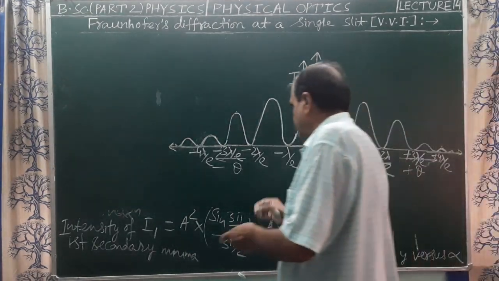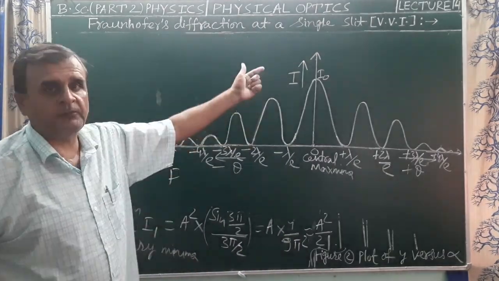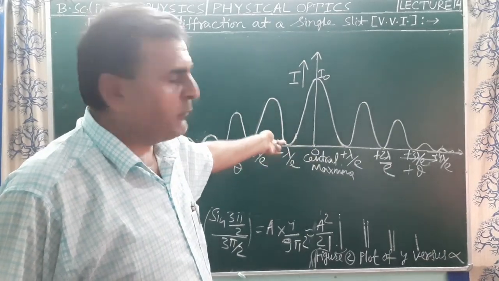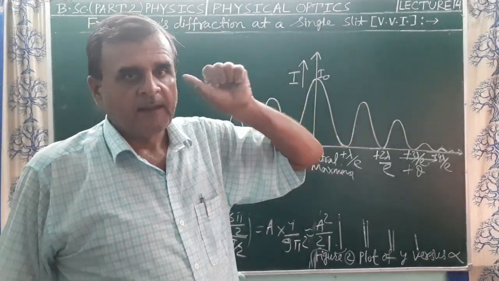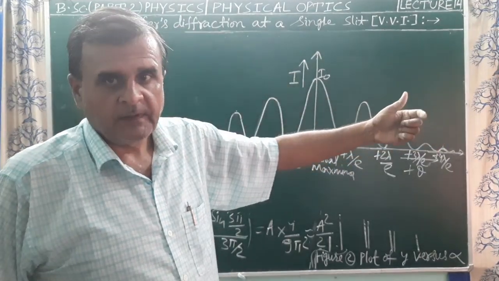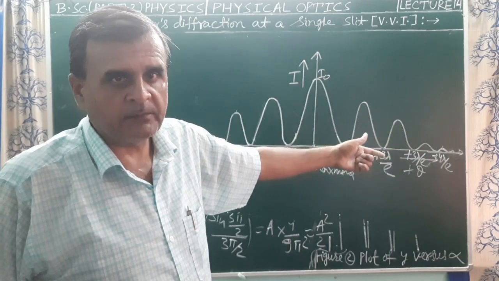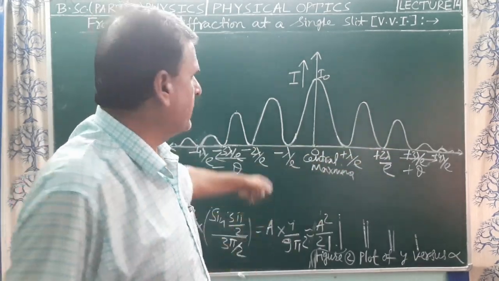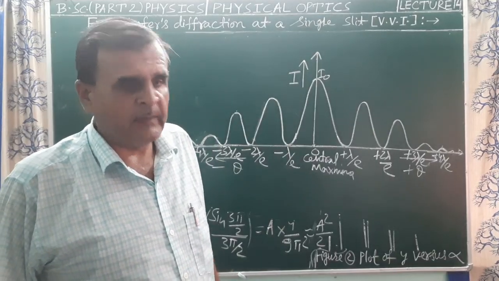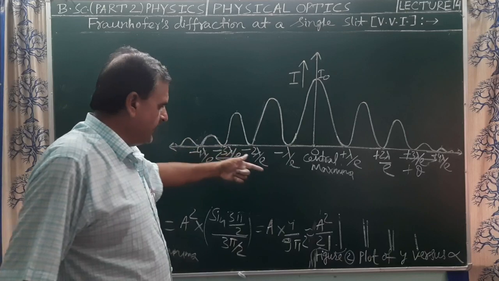Thus we get the diffraction pattern, which represents the variation of intensity of light about the central maxima with direction of change in angle, that is with the direction of maxima and minima, which is taken along positive x-axis and negative x-axis.